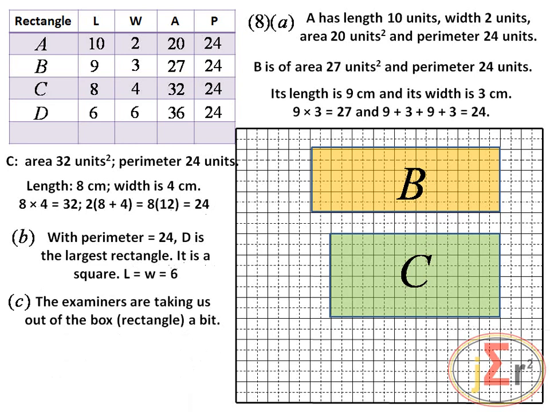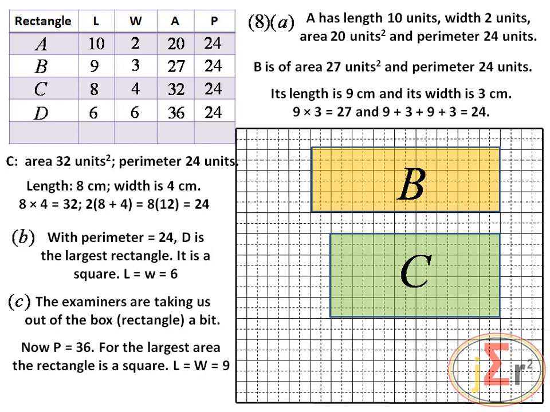The examiners are taking us out of the box, or out of the rectangle, a bit by saying what? We have a rectangle with perimeter 36. What is the largest area that we can have for that particular rectangle? And what is the value of length and width that might be responsible for that largest area?